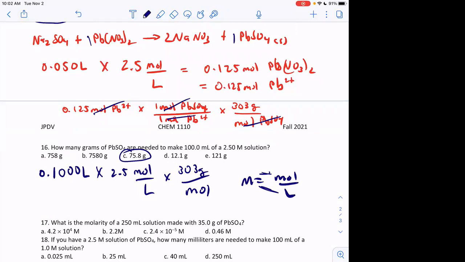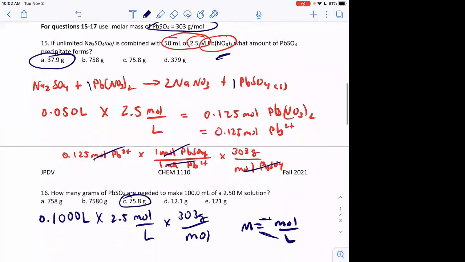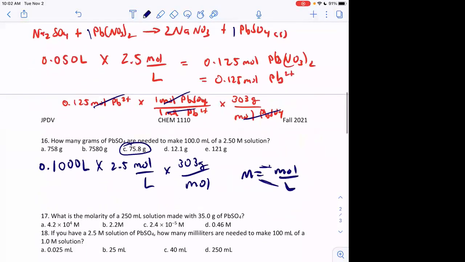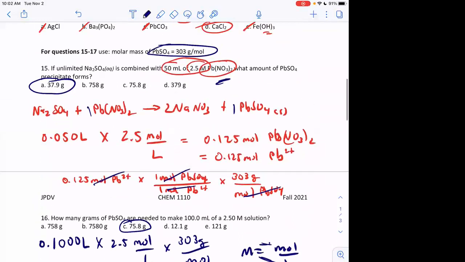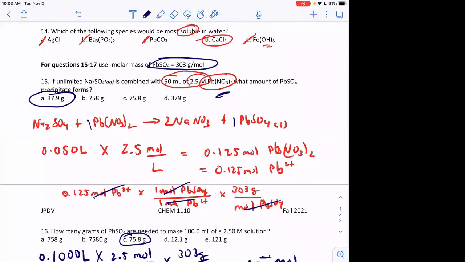In the last question, we solved for lead sulfate precipitate, and the last one was only 50 milliliters, and this was 100. Literally just multiply 37.9 times 2 and you get it. Yeah, it's double, and they're both the same molarity too.